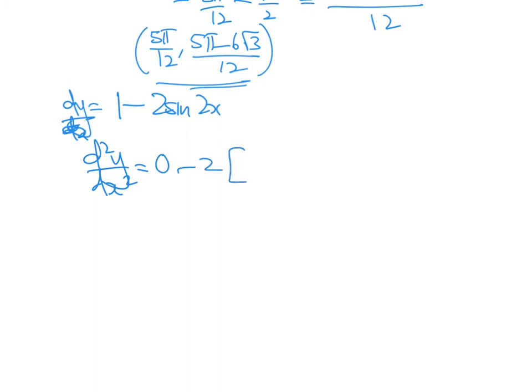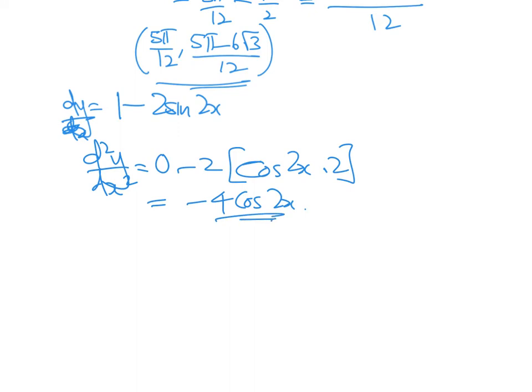Differentiating sine we have positive cos, differentiating cos is negative, yeah, positive cos. So cos 2x, then times by 2, then you have negative 4 cos 2x.